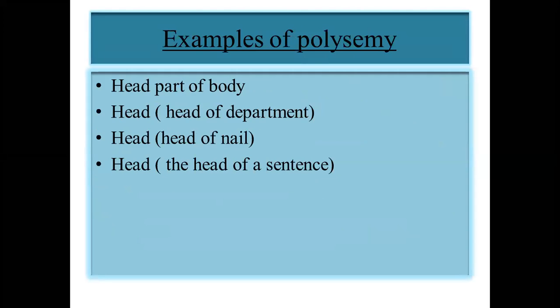Polysemy is concerned with the way words often have a number of different meanings. It is characterized by the phenomenon of a single word form being associated with two or several related senses.